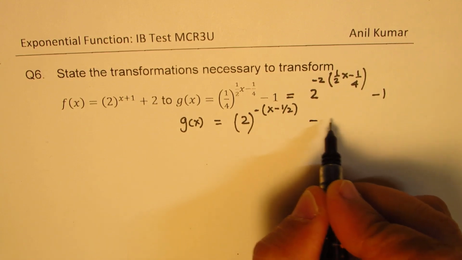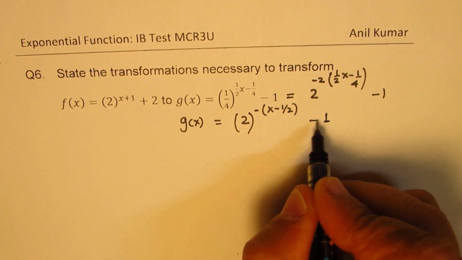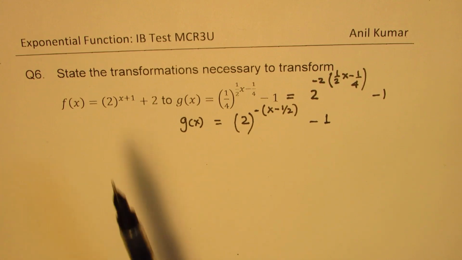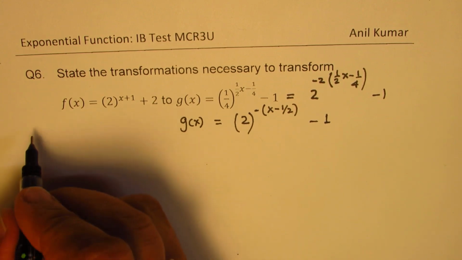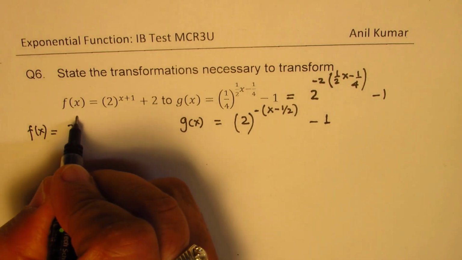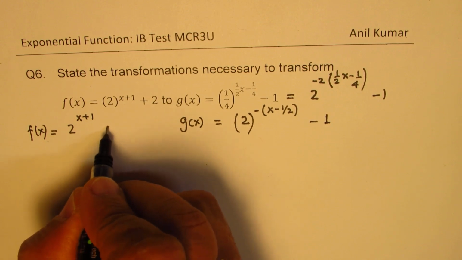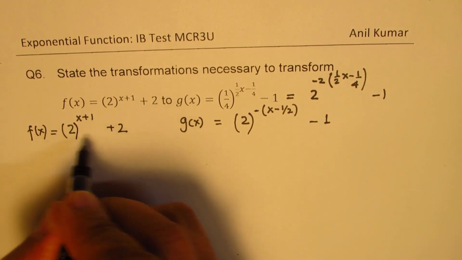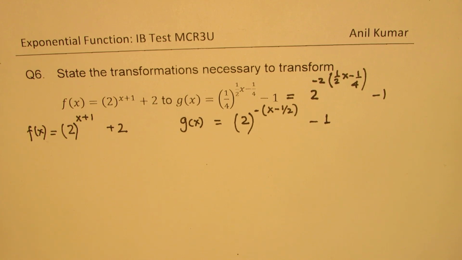And the vertical transformation is 1 unit down, right? So that becomes your g of x. And here we have f of x. Let's rewrite this f of x as 2 to the power of x plus 1, plus 2. So as you can see, we have the same base and it becomes easier for us to explain the transformation.